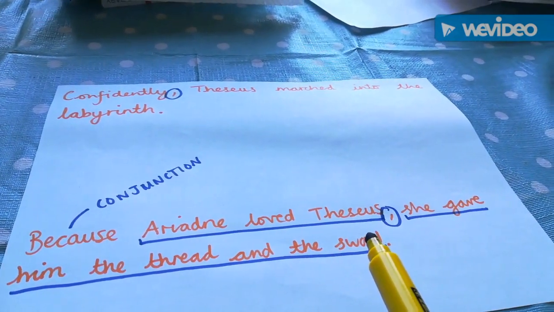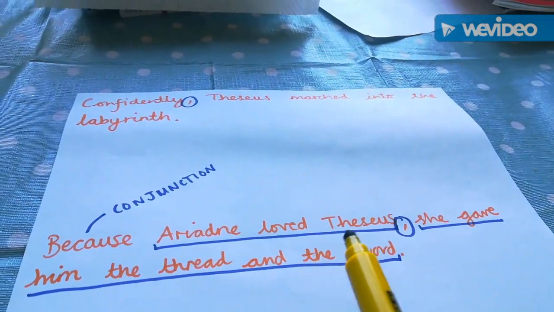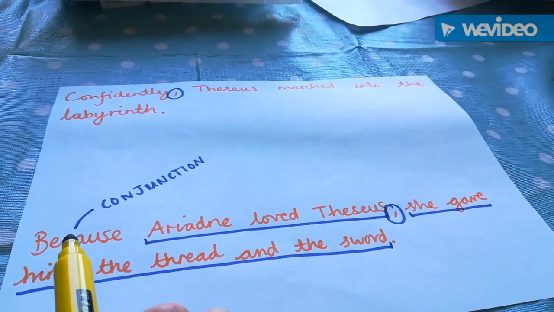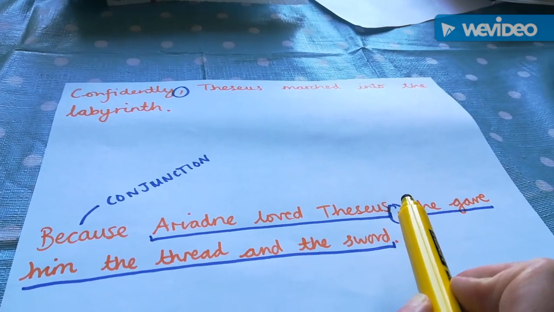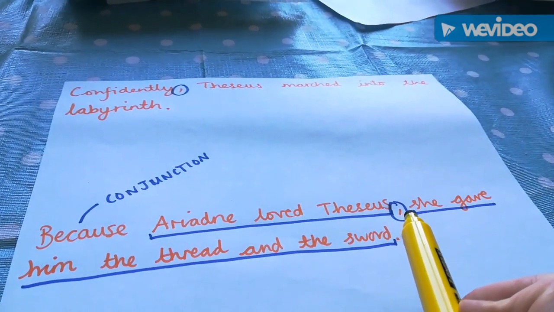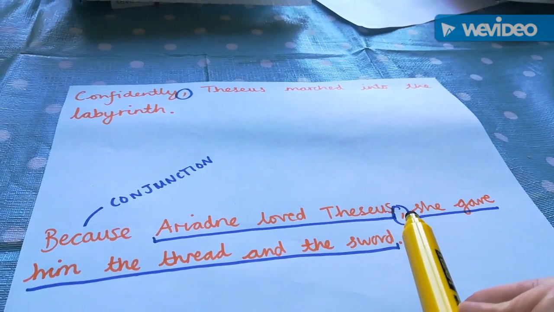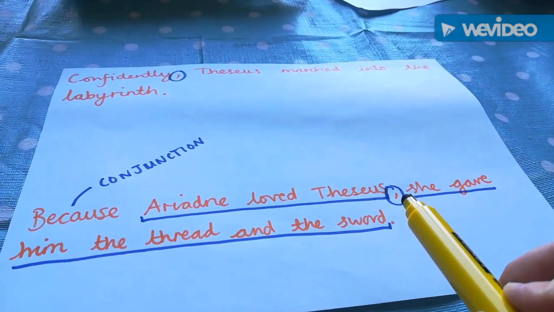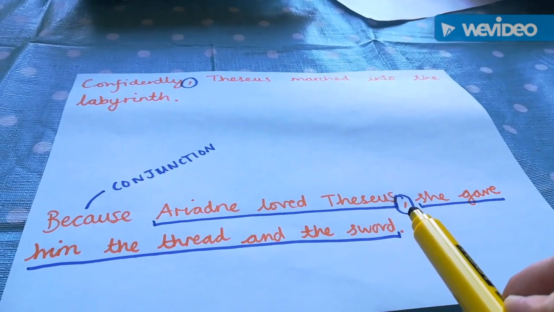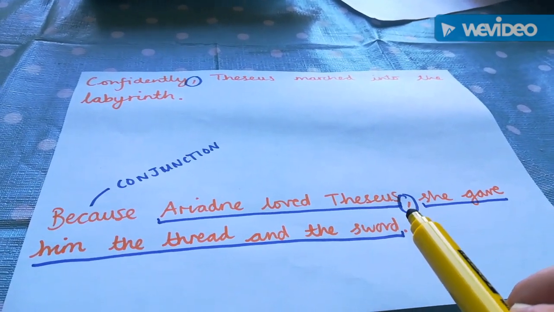And because we've done a slightly different thing here, and we've put the conjunction at the beginning of the sentence rather than in the middle of the two clauses, what we do to show where the middle of the two clauses is, is we put that comma. Now, if you're finding it a bit tricky, a good way of working out where that comma will go is to read it aloud to yourself.